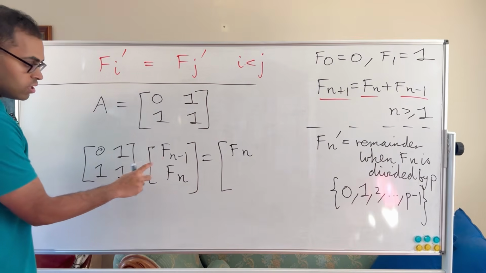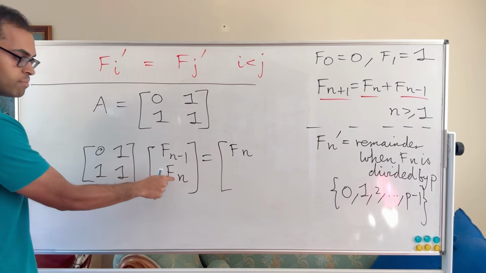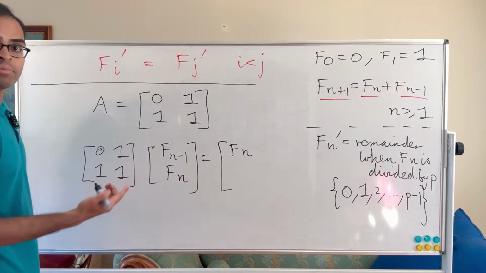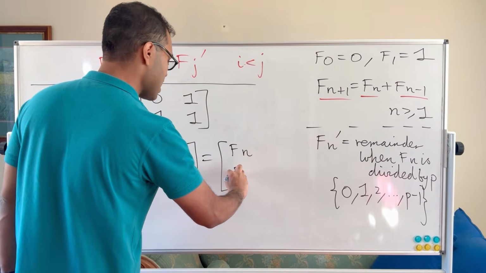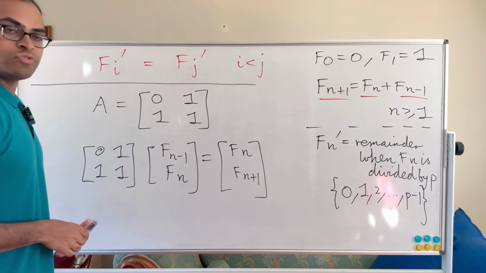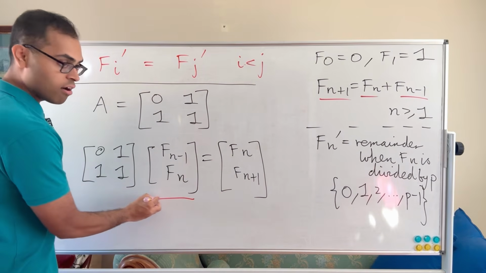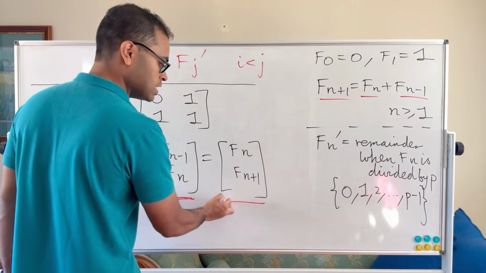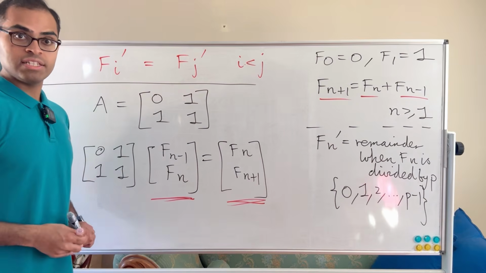And then this row times this column is going to be Fn minus 1 plus Fn, and Fn minus 1 plus Fn is just going to be Fn plus 1. So our matrix A goes from one consecutive pair of terms in the Fibonacci sequence to the next consecutive pair of terms in the Fibonacci sequence.